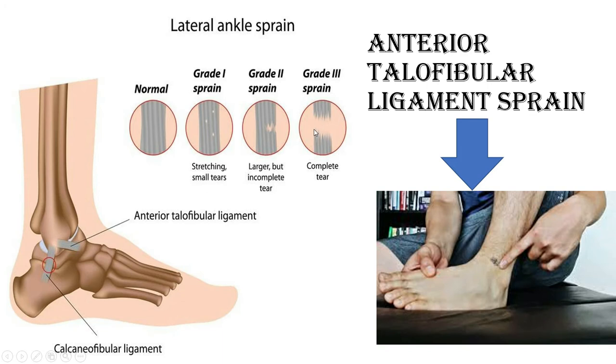But grade 1 is most common, 90% chance of grade 1, and in that case there will be no radiological finding, only clinical findings, tenderness over the anterior talofibular ligament. In that case, you must suggest a walking iron cast for at least 1 month, because 1.5 months, 6 weeks is the minimum for healing of this tendon, oh sorry, ligament.